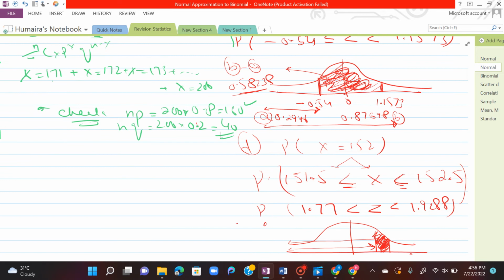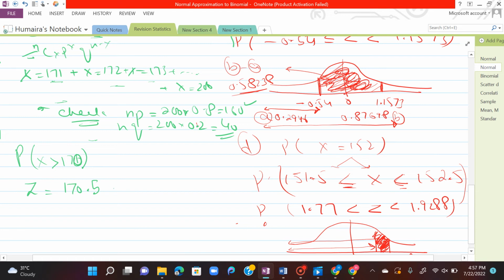So instead of doing all this long working of finding 171, 172, 173, see what I will do. I need the probability of x greater than 171. So that will be not 171, it's 170 actually. After continuity correction, that turns to 170.5, right?